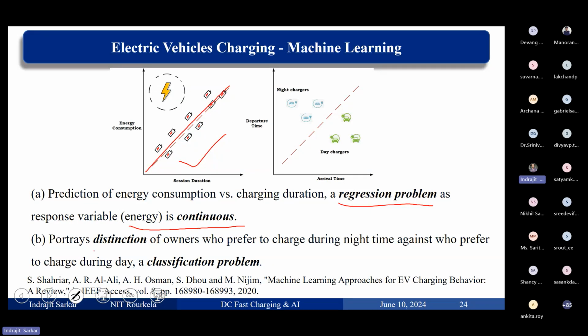In the second example we have two owners. One prefers to charge his or her vehicle in the daytime, and another prefers to charge at night time. So there is a classification, a distinction between these two classes, and we'll see how it can be done.